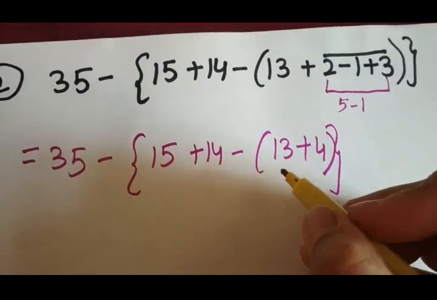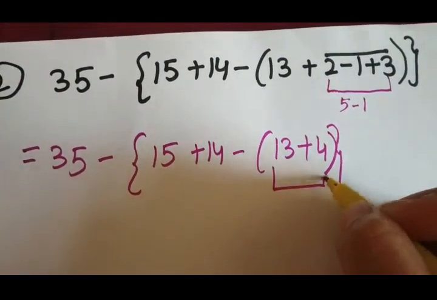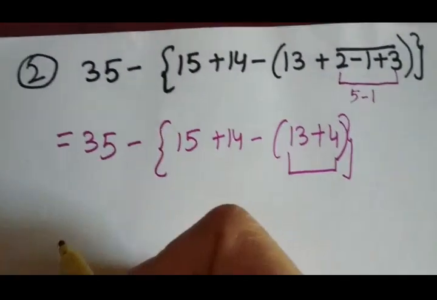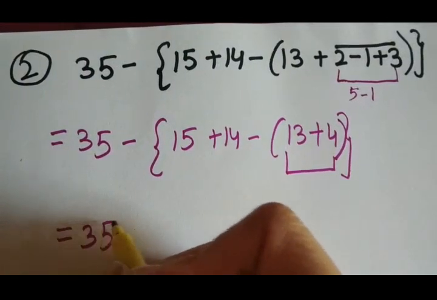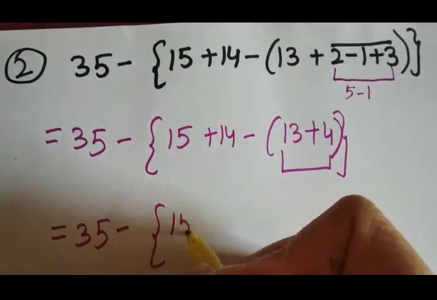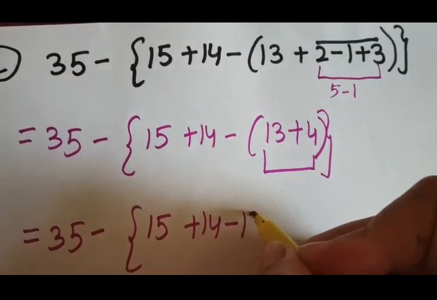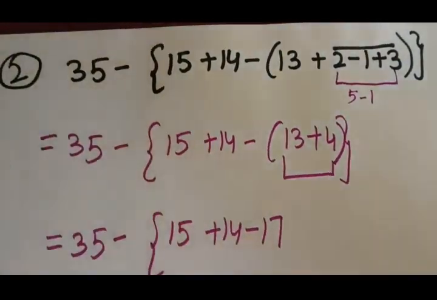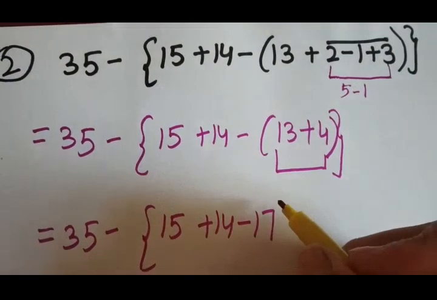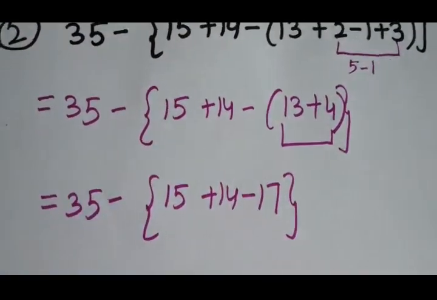Now next we have to solve this small bracket. Simple addition is there, so we can simply add the numbers: 15 plus 14 minus 13 plus 4 is 17. Now another bracket, the small bracket, is also removed. Now we put the curly bracket.